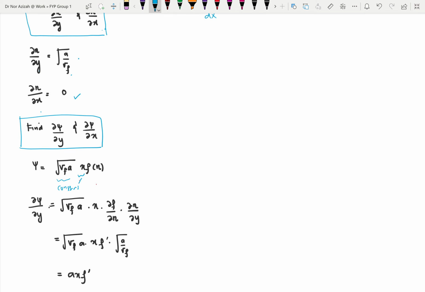So you can write here. And then differentiate f with respect to y. You can use the chain rule in order to get del f del y. This one is actually del f del eta multiplied by del eta del y.